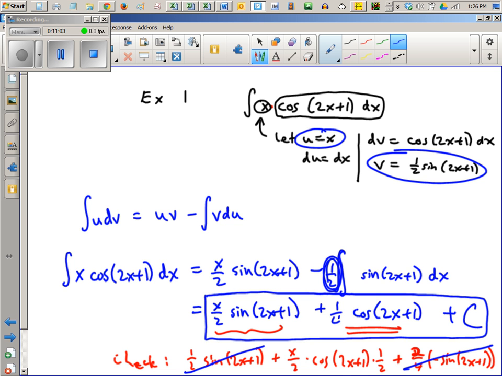Actually, it was right. I must be wrong during my work checking here. Let me check it again. Oh, I see. I crossed out the wrong things. Actually, the two things I crossed out actually add together, don't they? No, hold on.